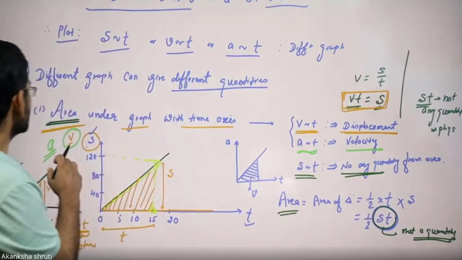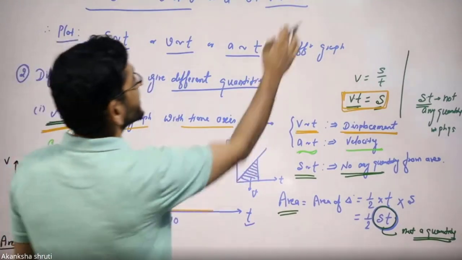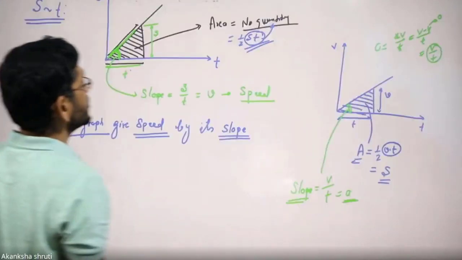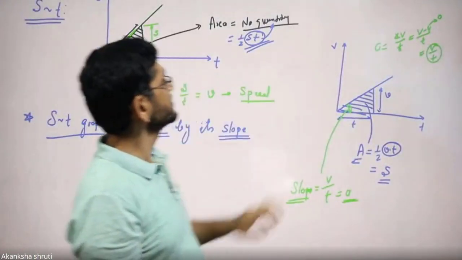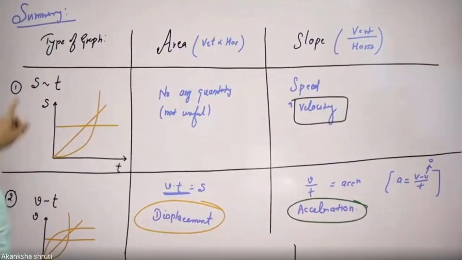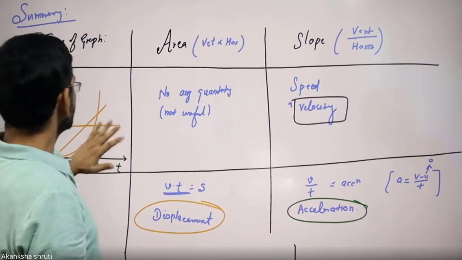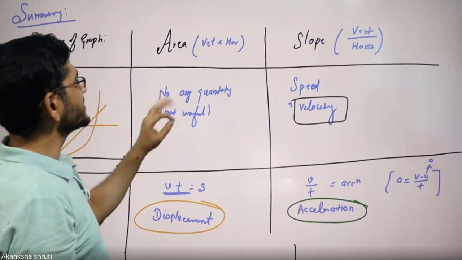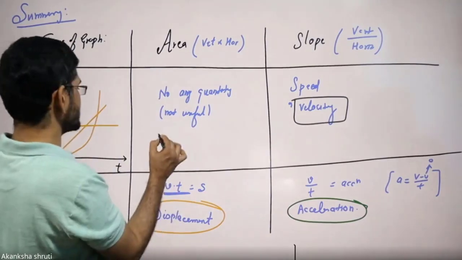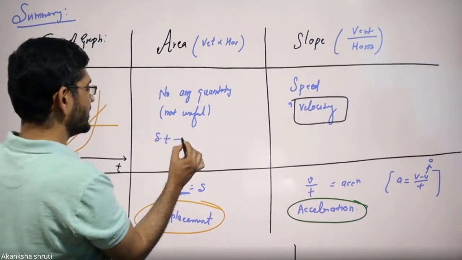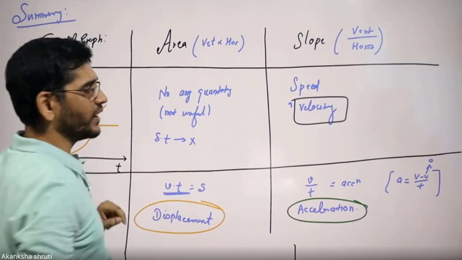So students, considering the area and the slope, we can summarize this graph. If we are considering the distance time graph, where distance is on the vertical axis and time on the horizontal axis, the area is not going to give us any quantity, because distance into time is not any quantity.